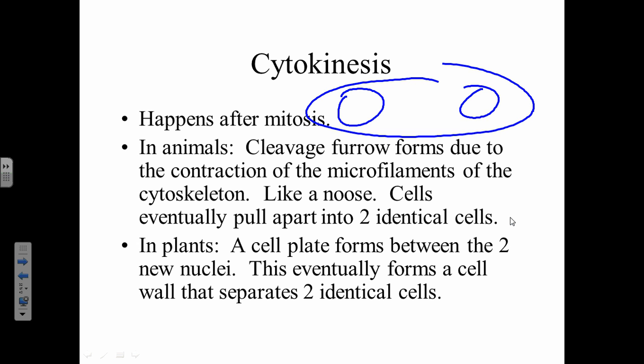But in the middle of that cell is this little ring of proteins. It goes all the way around. And I want you to think of that little ring of proteins sort of like a noose. What can you do to a noose? You can tighten it. So that little noose starts to tighten. And it just keeps tightening and tightening until the cell may start to look like maybe like this to begin with.